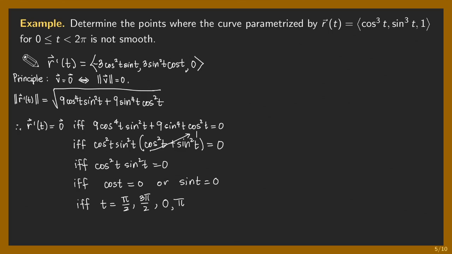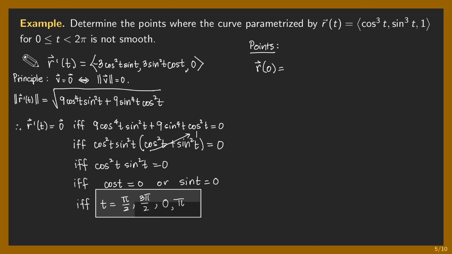So these are all the possible values of t where you get zero derivatives. But to get the actual points that we are requiring, we have to evaluate r at these values of t.